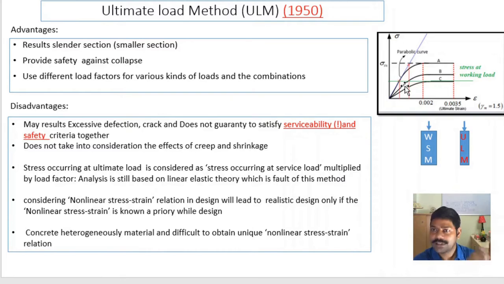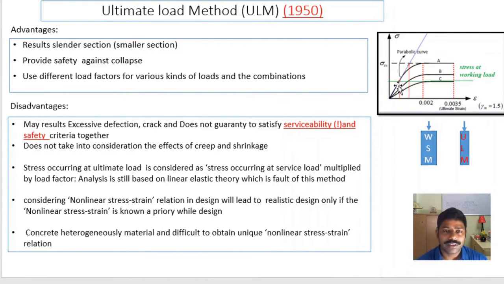So this is based on linear elastic theory in the ultimate load case. At the same time, when you apply ultimate load or load near the failure, concrete already reaches the non-linear zone, or the structure already reaches the non-linear or inelastic zone. So you will see there is some conceptual mismatch.